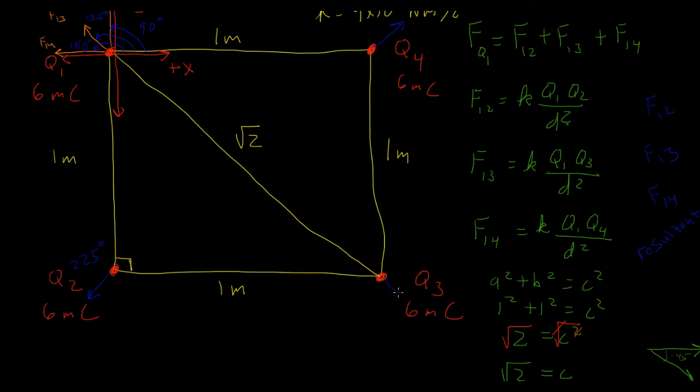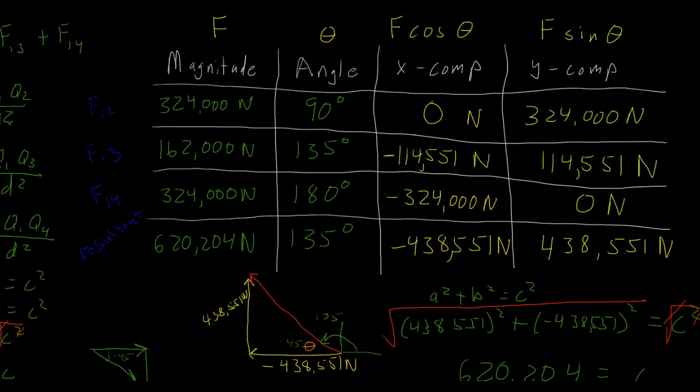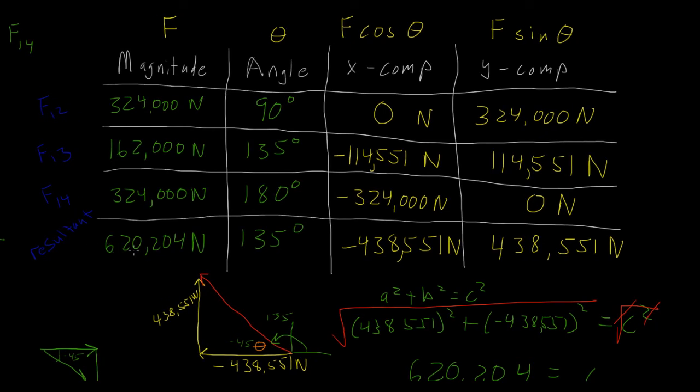And if you did it for Q3, that would be 315. So I'm not going to spend the time doing that. You can if you want. The magnitude should come out the same. The angles are what will be different, because these values, the signs will change, and that indicates to you what quadrant you're in.